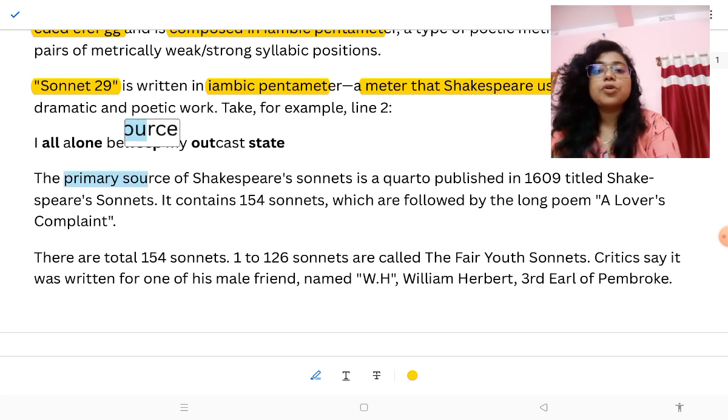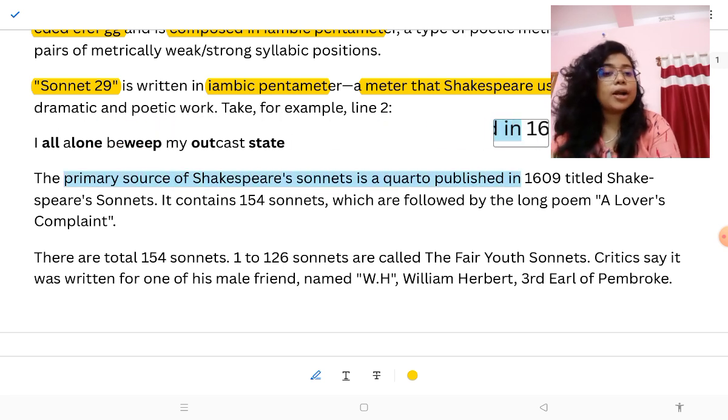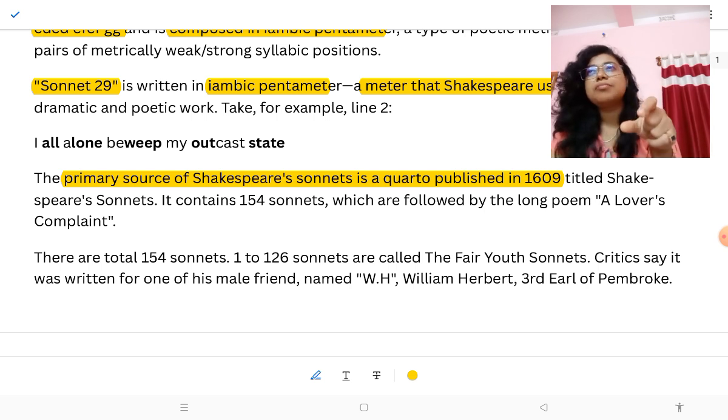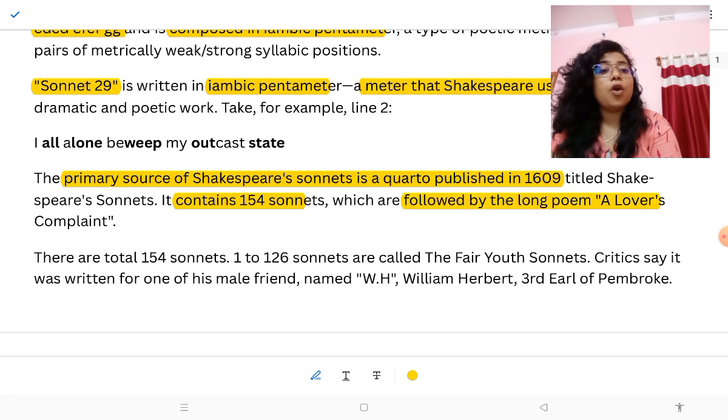The primary source of Shakespeare's sonnets is a quarto published in 1609, and it was written maybe around the 1590s, but it was published in 1609. It contains 154 sonnets, followed by the long poem A Lover's Complaint.